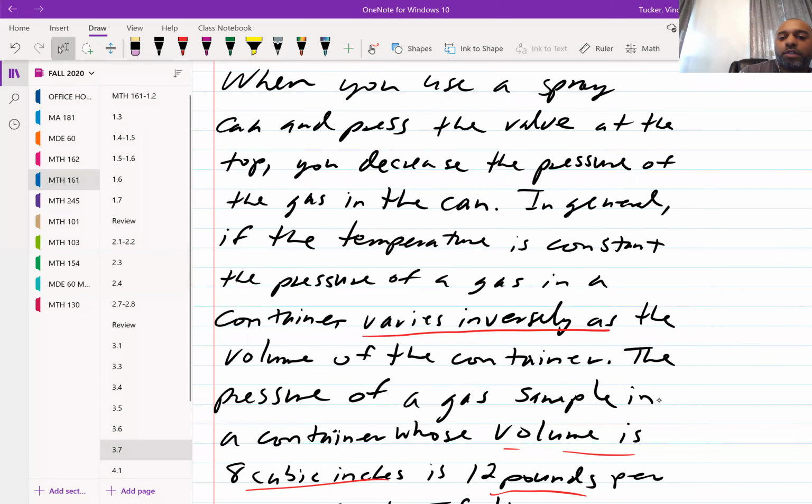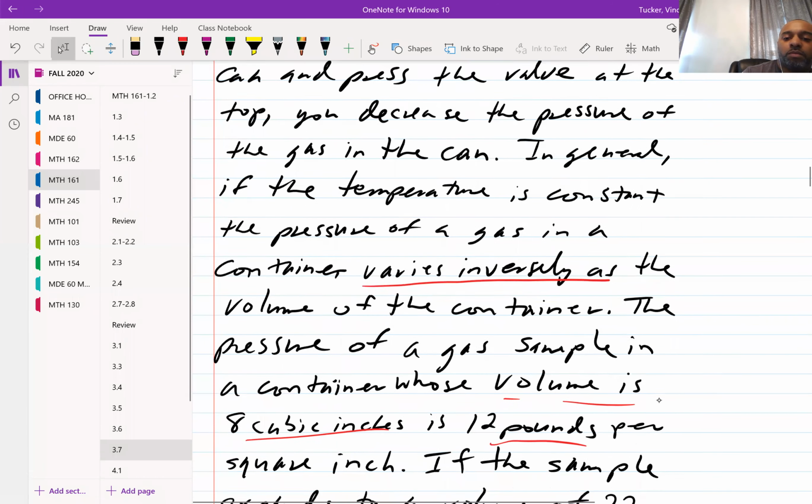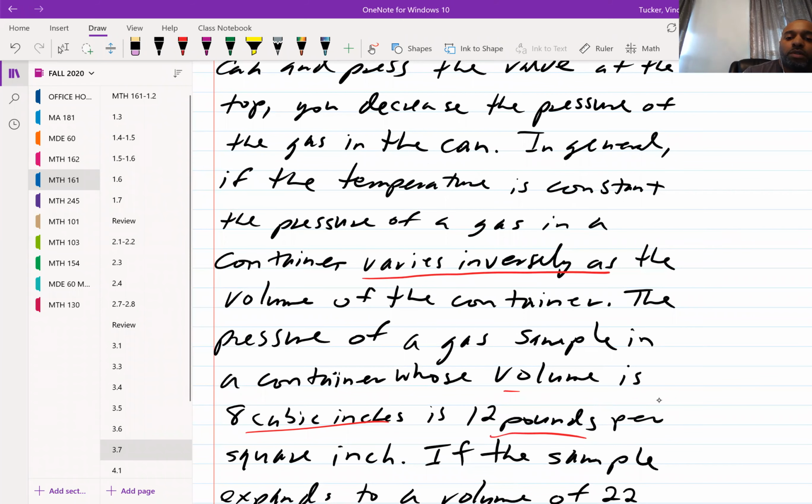All right. In general, if the temperature is constant, the pressure of a gas in a container varies inversely as the volume of the container. The pressure of a gas sample in a container whose volume is 8 cubic inches is 12 pounds per square inch.